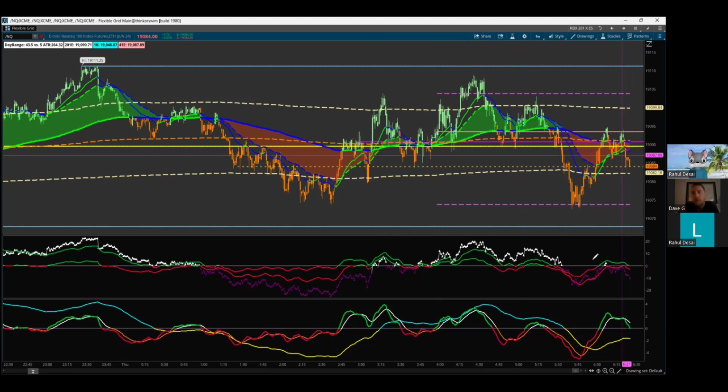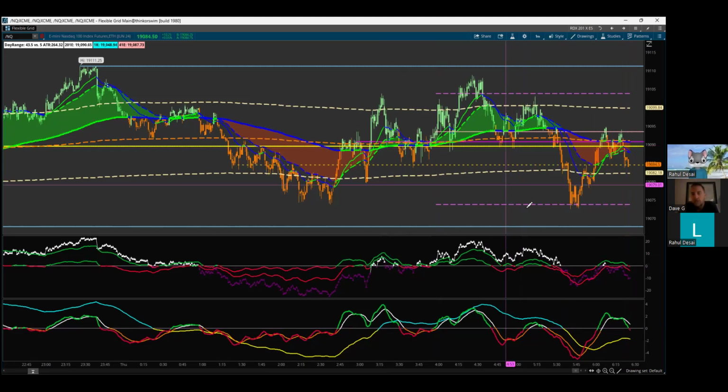So, for example, here, the cloud was green on this one, right? Same thing here, but then there are places where there's confusion. Like look at this squishy zone, right?